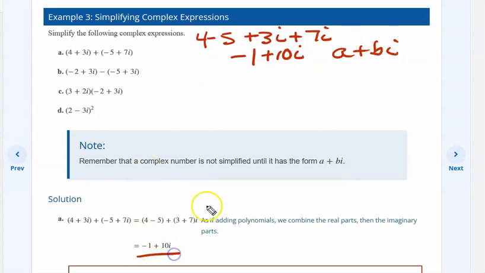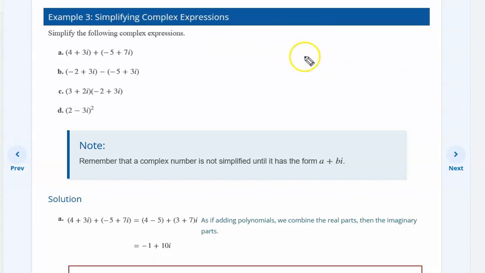And that's what they have here. So pretty straightforward. You think of the i as a regular variable, an x or a y, except anytime you get i squared, you have to change it to a -1 and do what is needed. All right, let's do B.